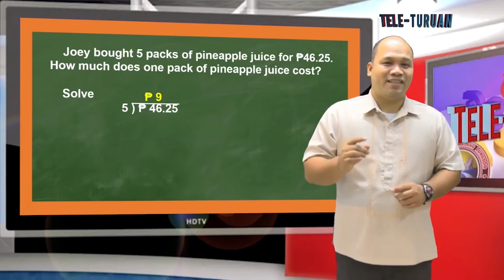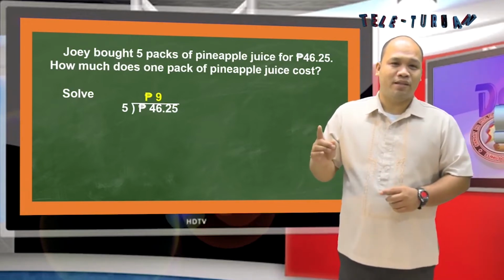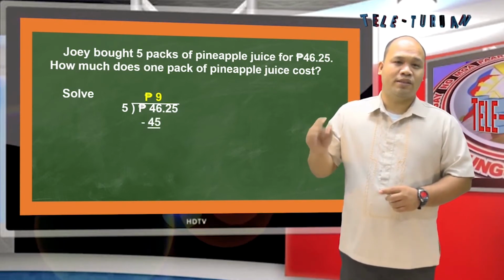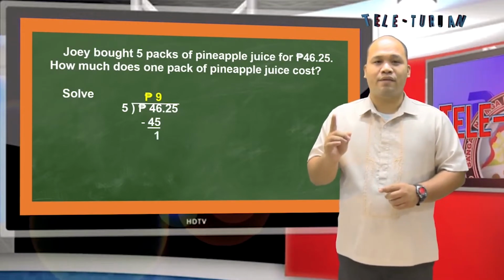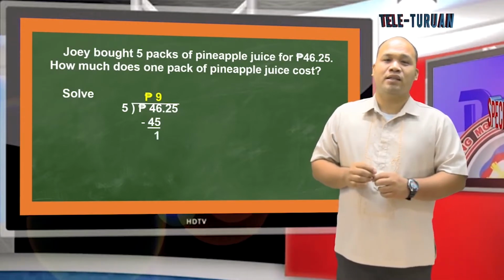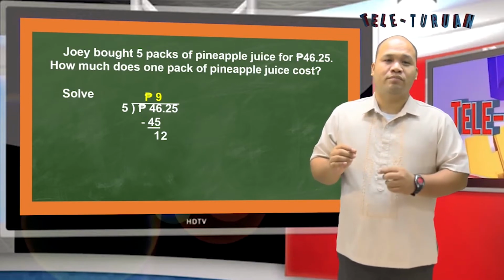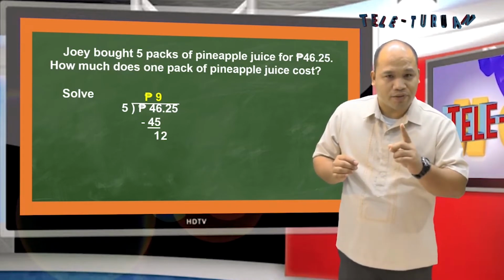Excellent. The answer is 9. And 9 times 5 is equal to 45. Then 46 minus 45 is equal to 1. After that, we bring down 2. So 12 divided by 5 is what number?